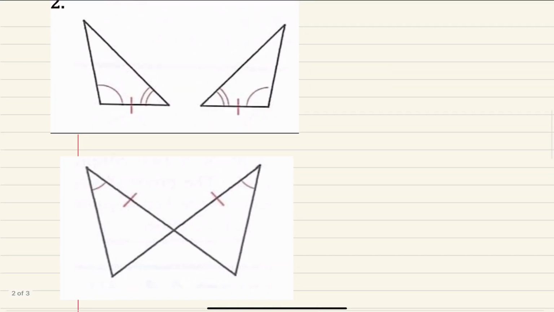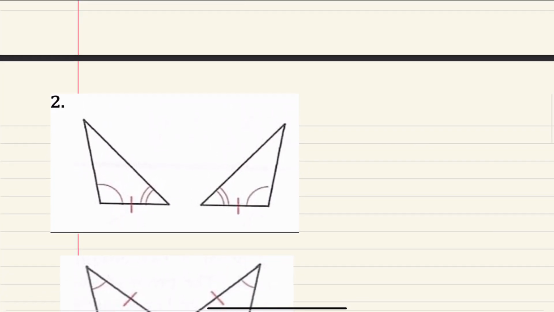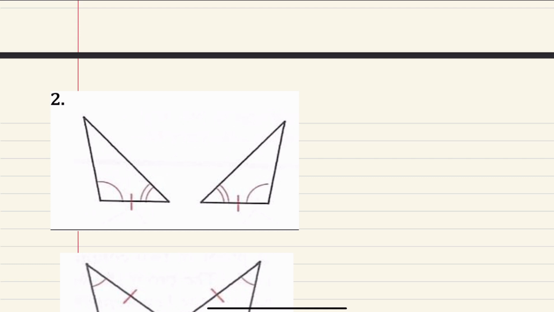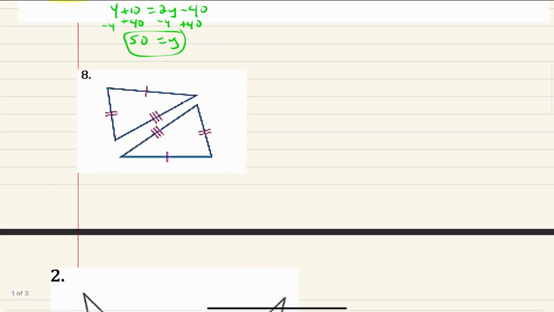And I'm just scrolling down, telling you that you're going to have to identify the triangles, whether or not they're congruent, using those shortcut methods, right? Remember, we were talking about side, side, side, side, angle, side, angle, side, and angle, angle, side.